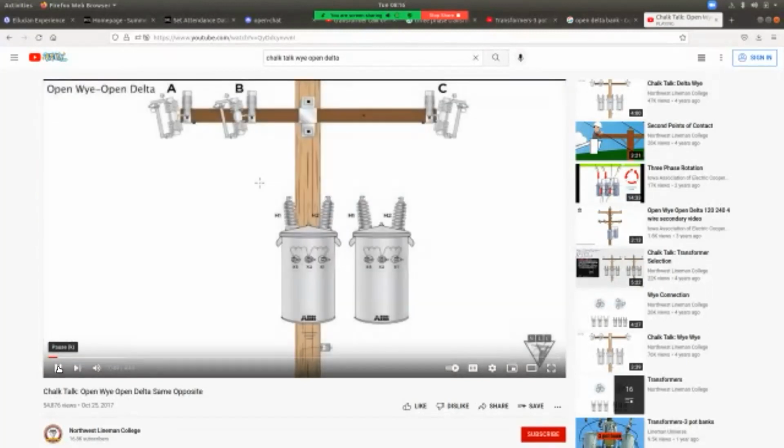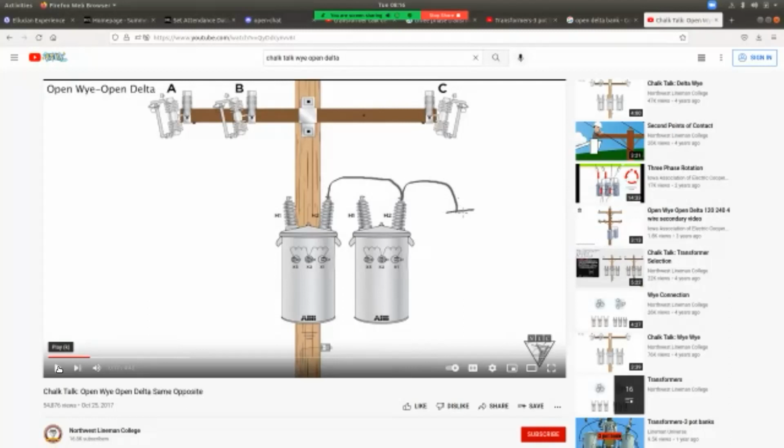All right, let's talk about an open Y, open delta connection. So let's start on our primary side. And the first thing with this open Y primary connection is take your H2 bushings, you tie them together, and then tie it to ground. Okay. So in 3-phase transformer banking, what you have to do here is you'll notice you got an H1 bushing and an H2 bushing on each transformer.